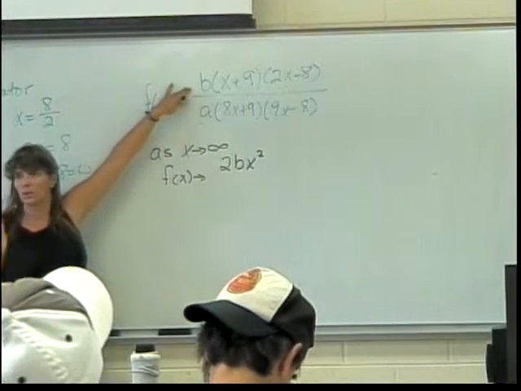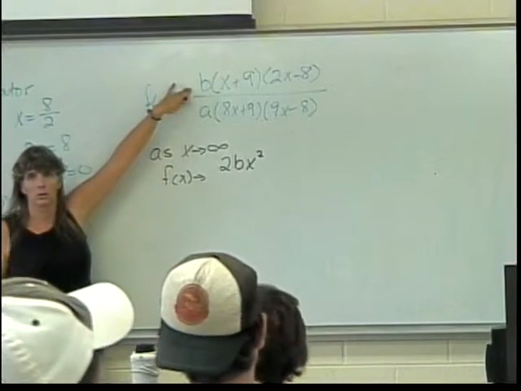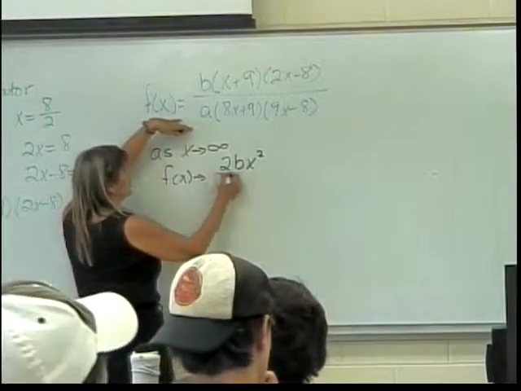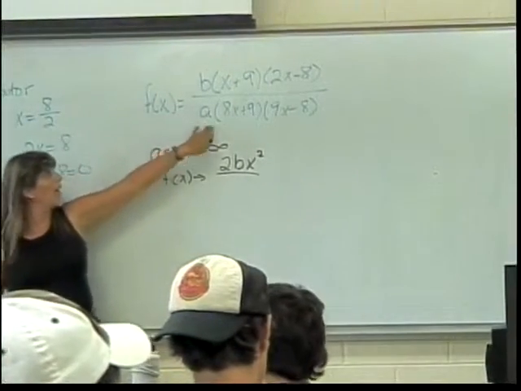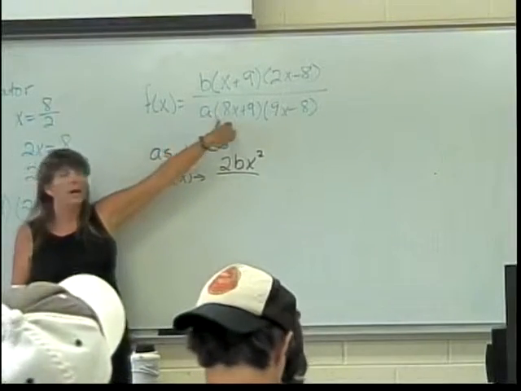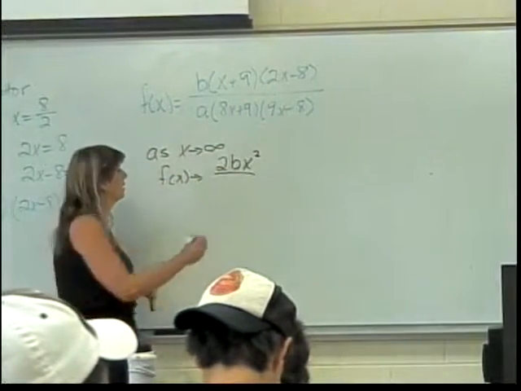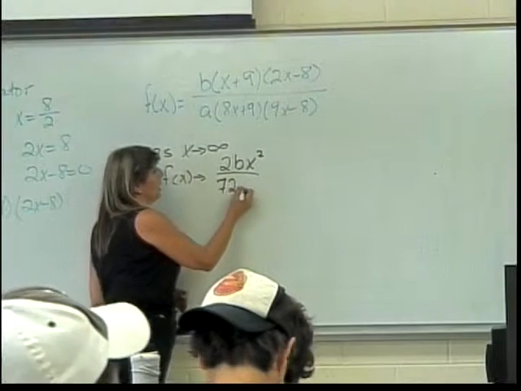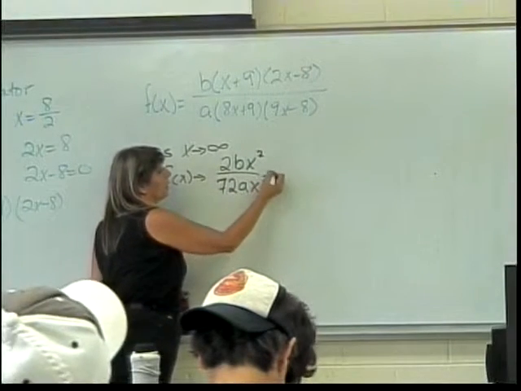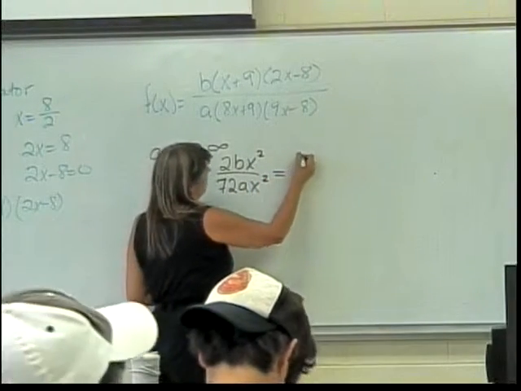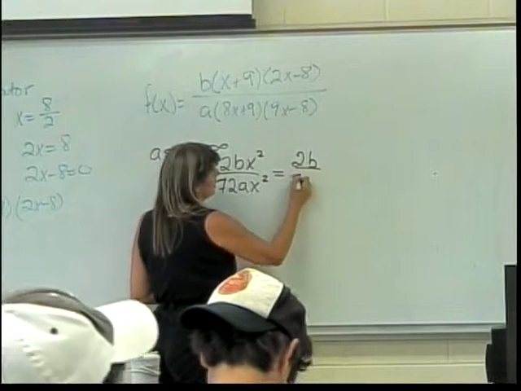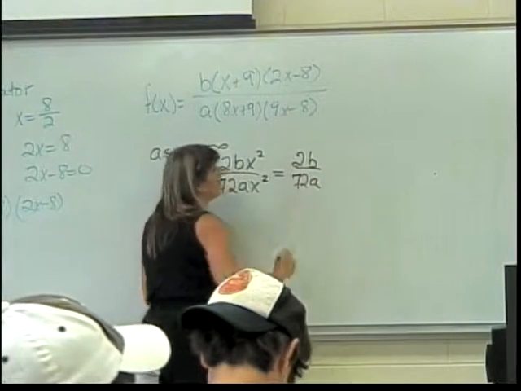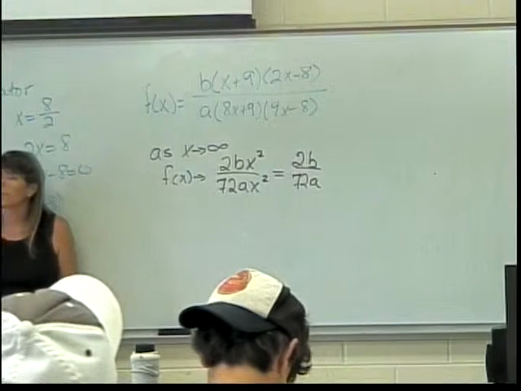Yeah, that's what all the important pieces are. What's important in my denominator? Well, the a is multiplying the 8x and the 9x, so I have 72a times x squared. So what is that getting close to? Well, 2b over 72a. What is it supposed to be getting close to?